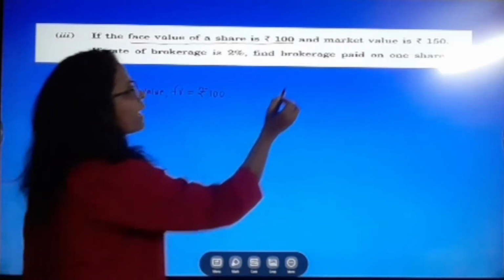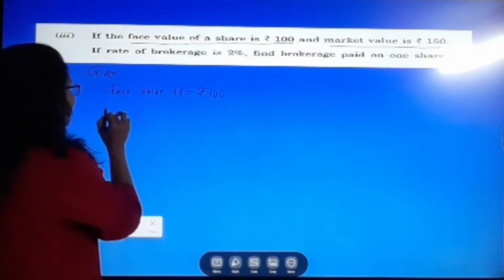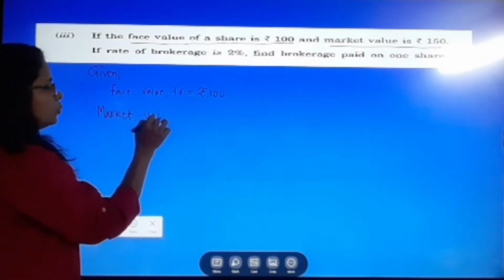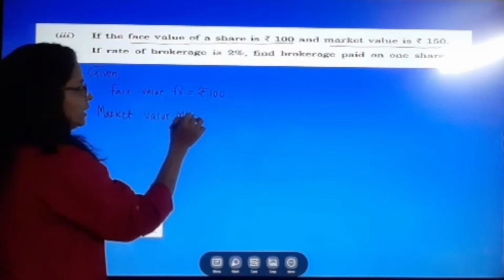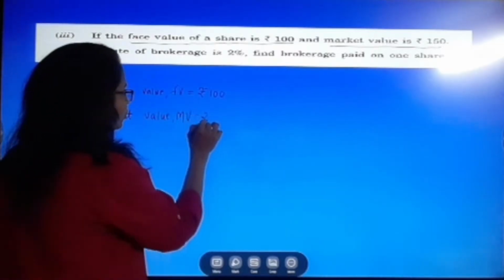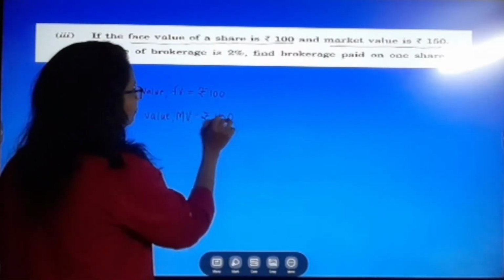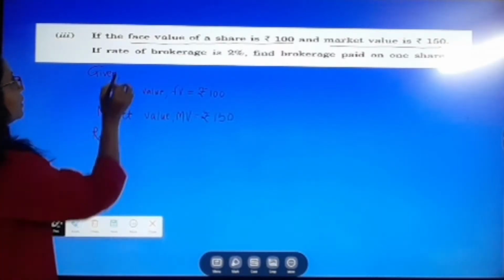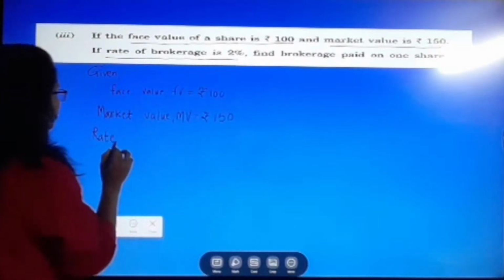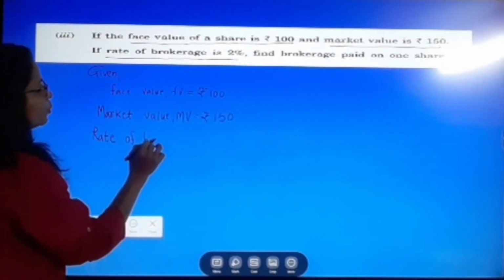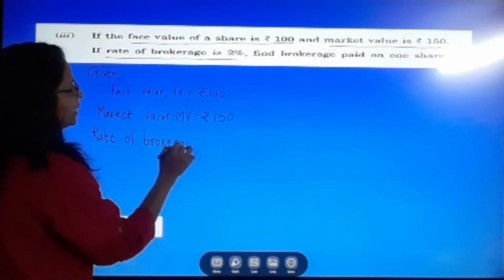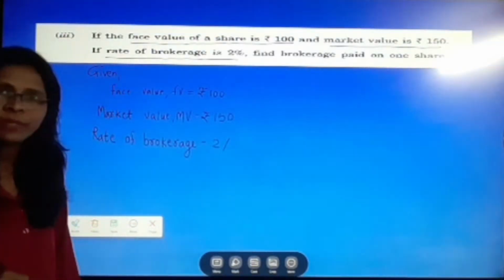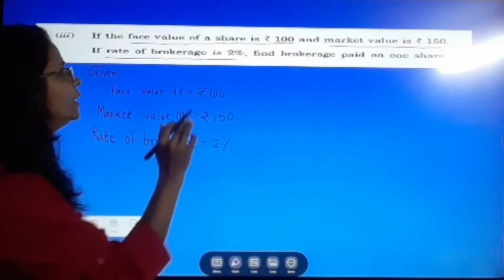The market value, MV, is equal to rupees 150. And the rate of brokerage is equal to 2%, and we have to find out the brokerage.